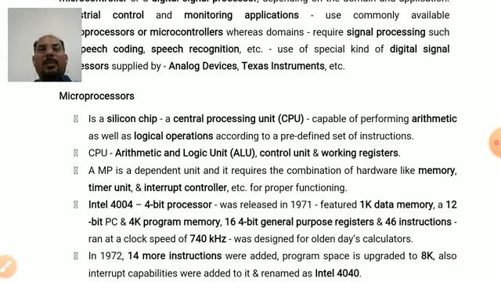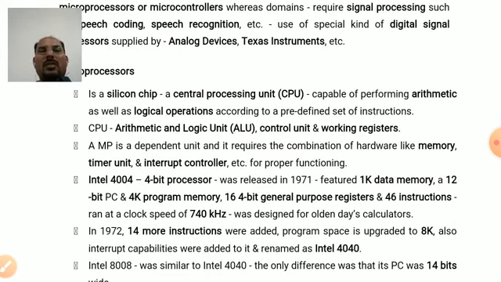Microprocessor is a dependent unit because it requires the combination of hardware like memory, timer unit, interrupt controller for its proper functioning. It means that it is an IC without memory in it, in the sense it does not have ROM memory, it does not have RAM memory, it does not include a timer in it.